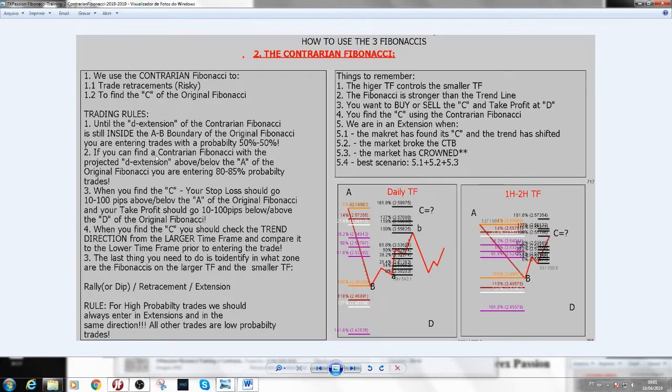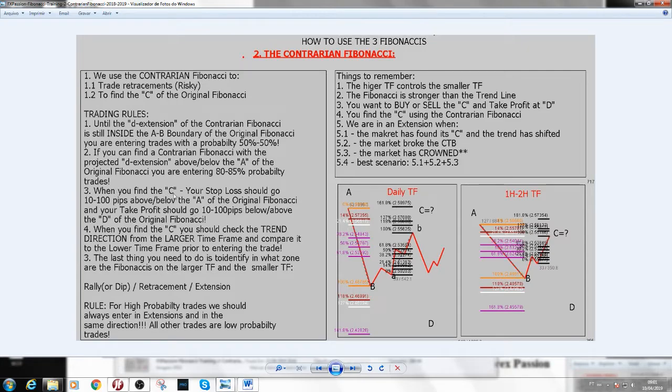If you can find the Contrarian Fibonacci with the projected extension above or below the capital A of the original Fibonacci, you are entering 80% probability trades.